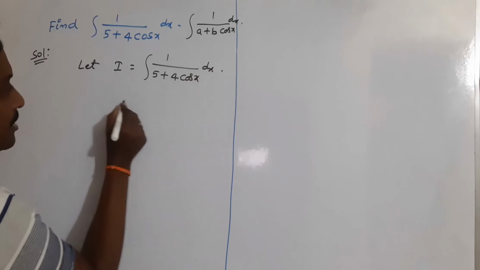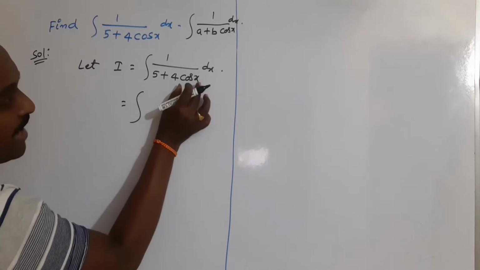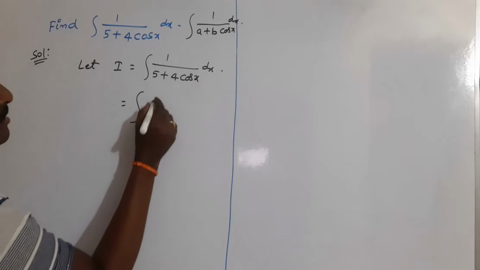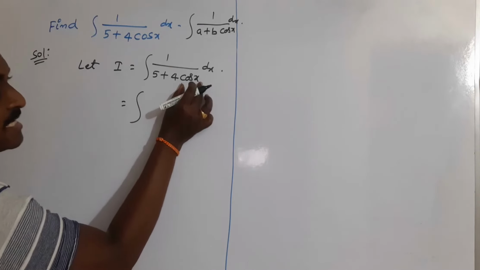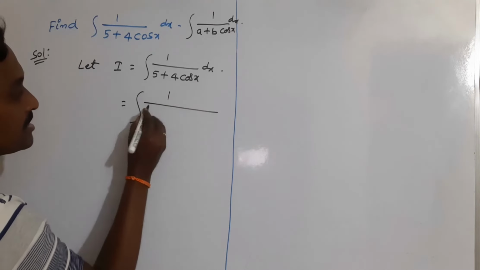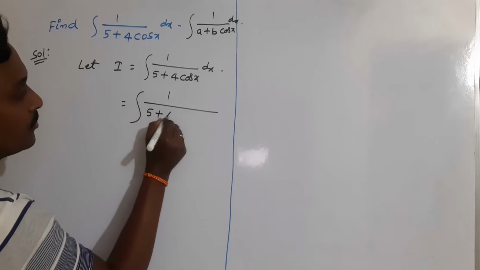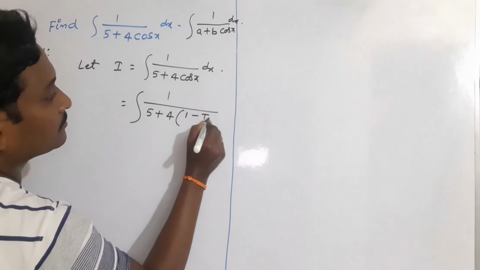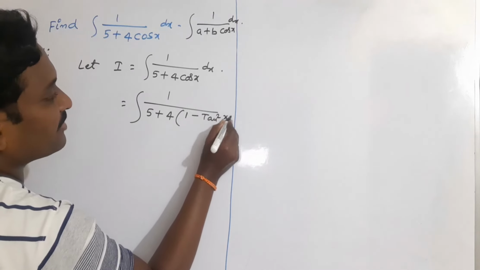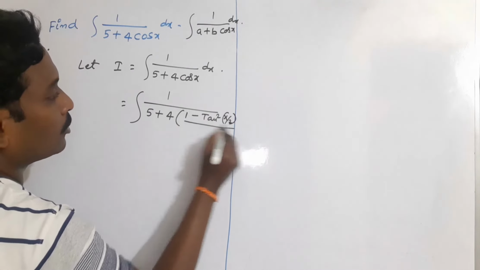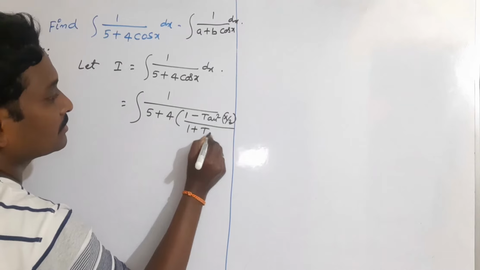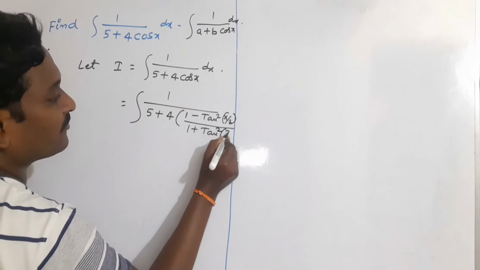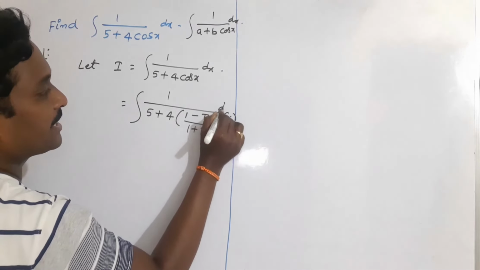So what is the working rule? We should replace the value of cos x in terms of tan. Please write the formula of cos x in terms of tan, which is 5 plus 4 times 1 minus tan square x by 2 whole by 1 plus tan square of x by 2 into dx.